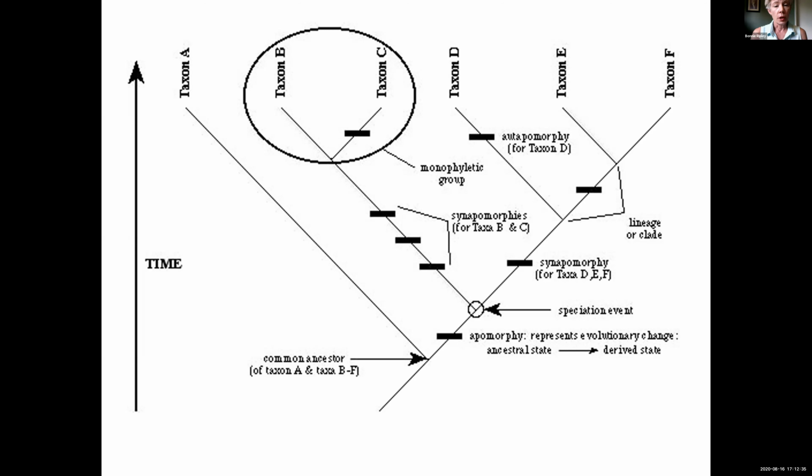So we're going to look for a unique derived characteristic. Those are going to be called autapomorphies, like a self characteristic. So we have an autapomorphy over here for taxon D. Any apomorphy that is only on one of the branches of the tree is going to be an autapomorphy for that group. It'll be unique. That's how we'll tell that group from the others.